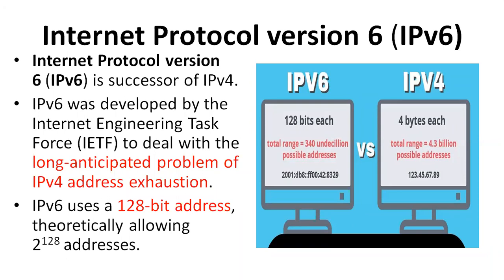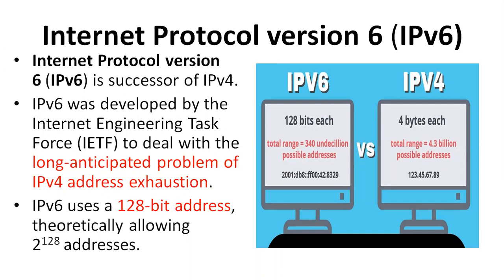That's why there are some drawbacks, and by eliminating that, IP introduced IP version 6. Here this particular IP version 6 is 128 bits each. That means the range of this one is unlimited. Here 2 power 128 addresses are there.